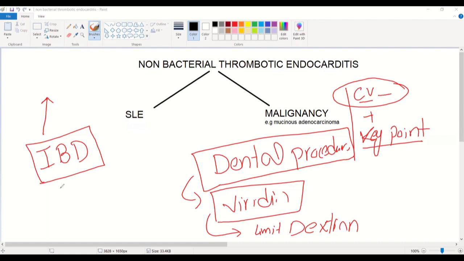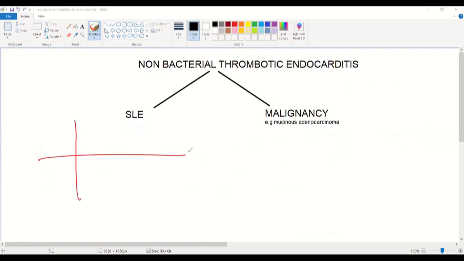And sometimes with the acute presentation, how will you differentiate acute from subacute? On the duration of the presentation.